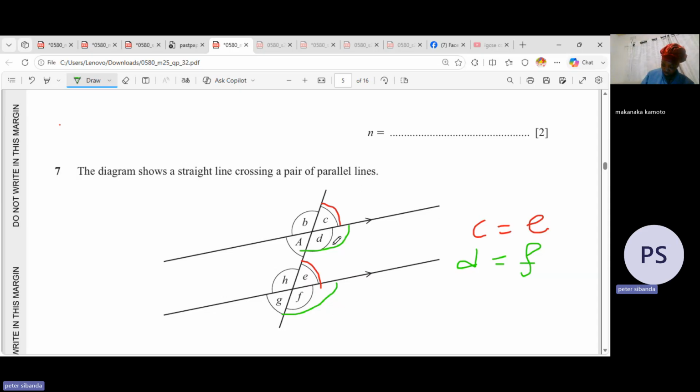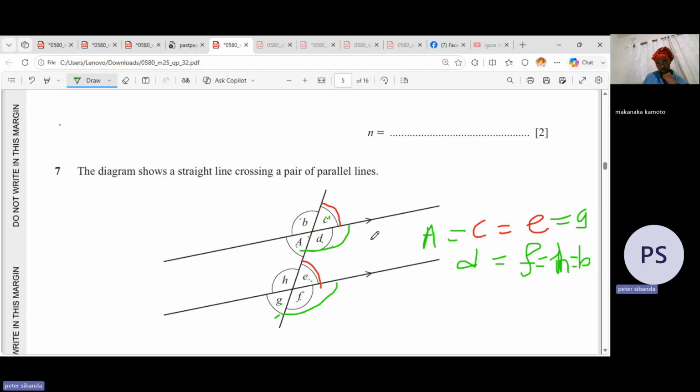And with the X thing, remember, this C will be equal to this A, and this E would be equal to this G. Since C and E are equal, it follows that C, A, E, G are all equal. The same applies to F, H, D, and B. All these four are equal.